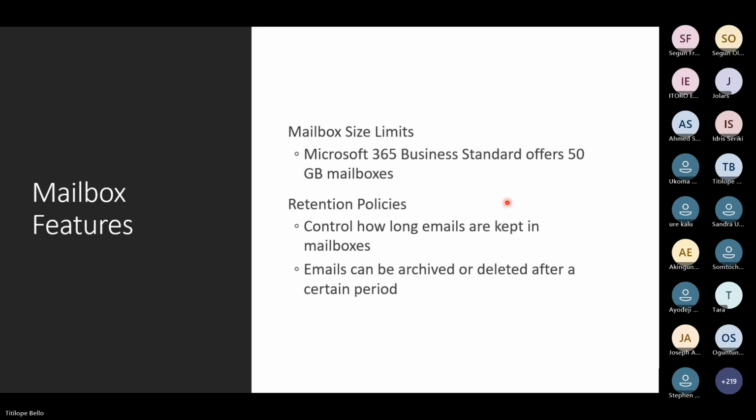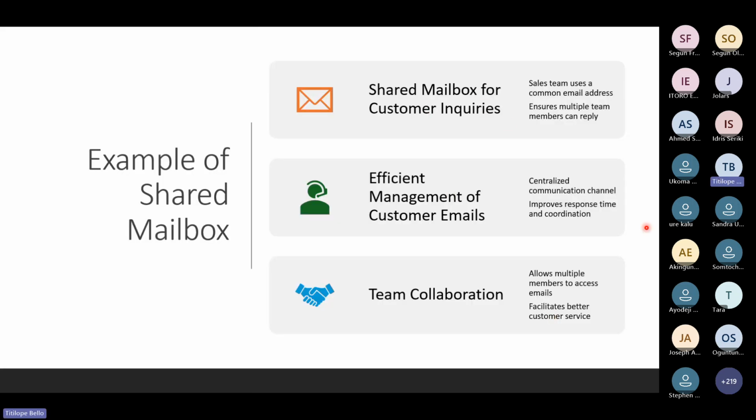Okay. Now, moving on, let's talk a little bit about shared mailboxes. I've talked about it before, but let's look at it a bit closer, right? That's one of the types of mailboxes that you have in Office 365 or in Exchange Online. You have a shared mailbox that is used for customer inquiries.